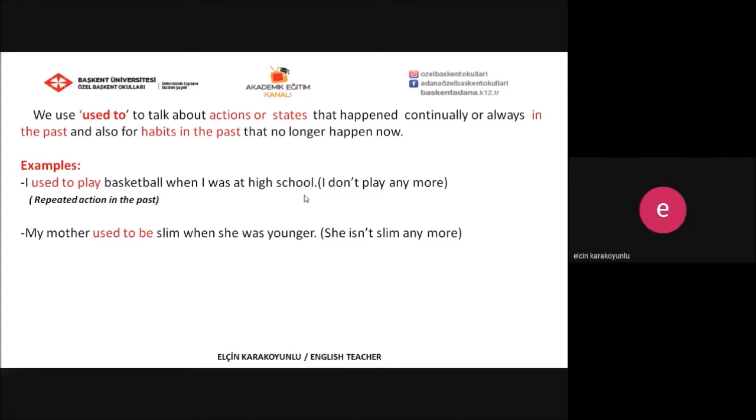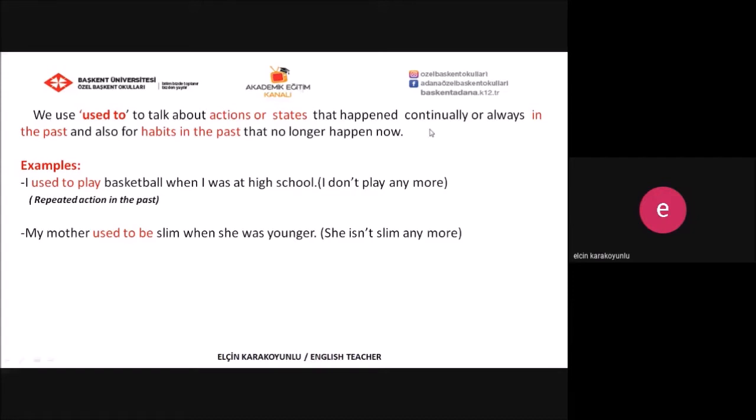In this sentence again, we are talking about the appearance of my mom in the past. And again, when we use used to here, it means that she isn't like that anymore. My mother used to be slim when she was younger, but it means that she isn't slim anymore.